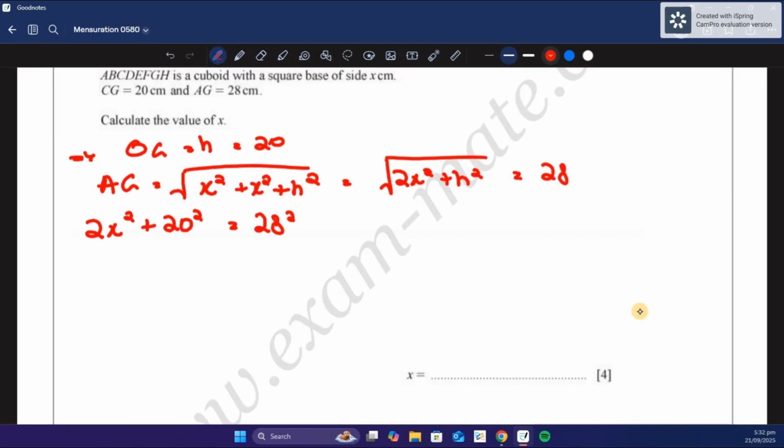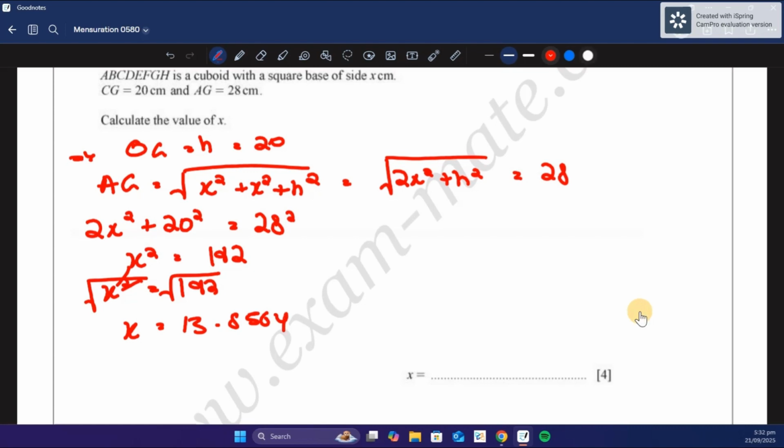This would give us x squared is equal to 192, and our final answer would be x is equal to 13.8564, and if we round this off, we would get 13.9.